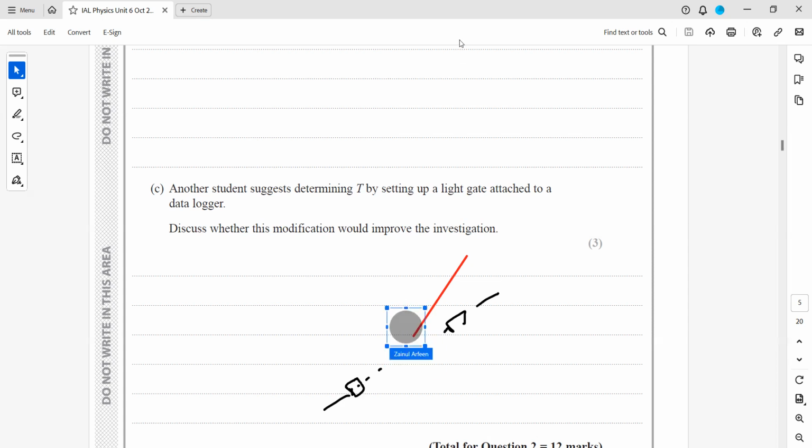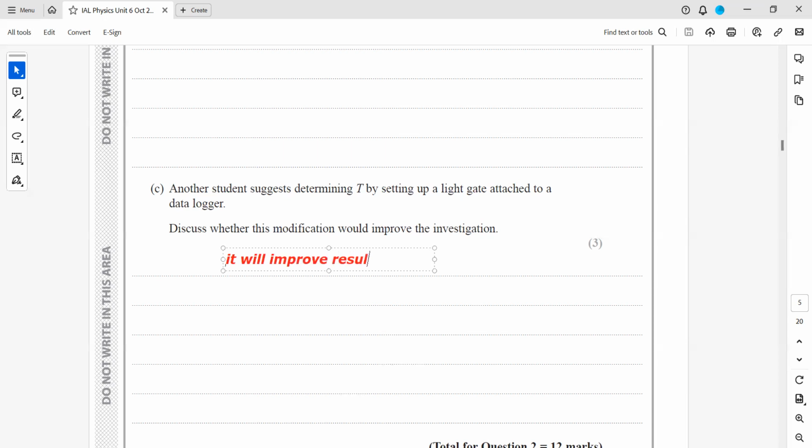So usually, whenever we use a light gate, it will improve the results. It will remove the parallax error and the reaction time in the measured value.